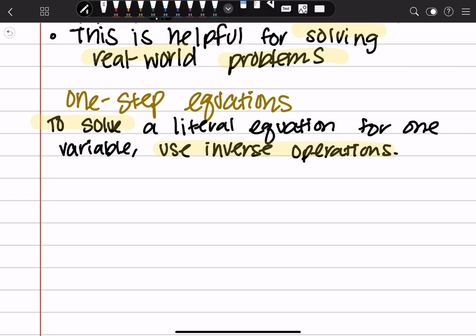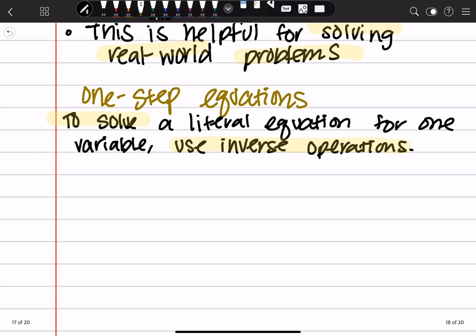All right, so I am going to do some recaps here. All of my recaps are going to be here, and I'm going to do them in a different color. And then we're going to show the literal equations. All right, so we're going to be solving for x, and it's always going to tell you what you're solving for.